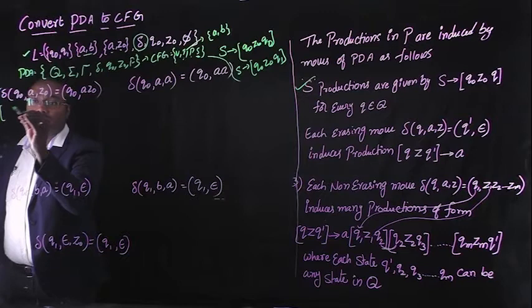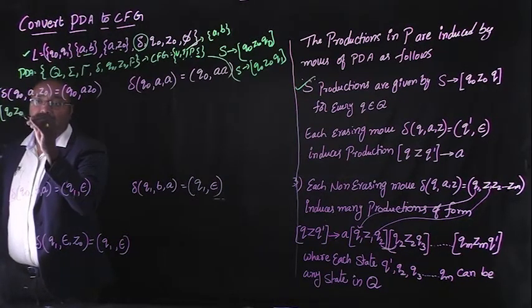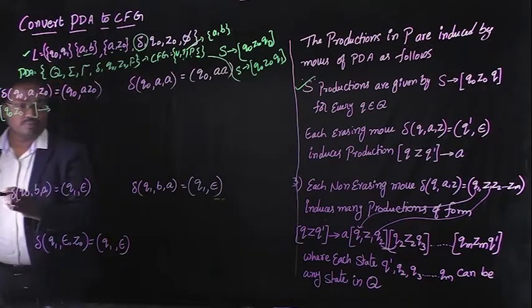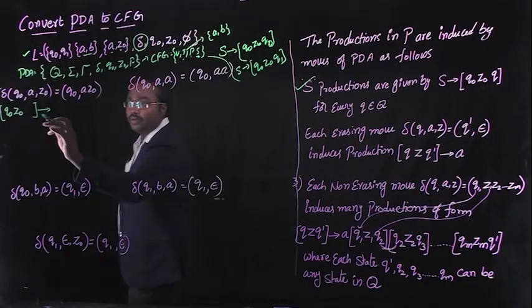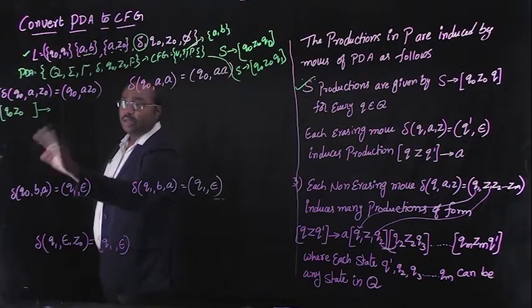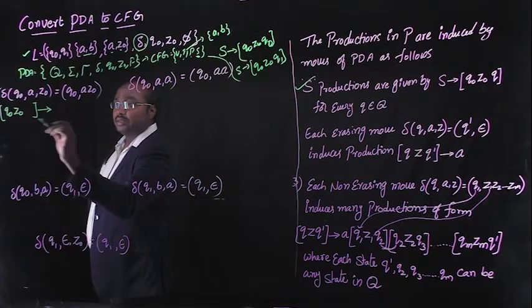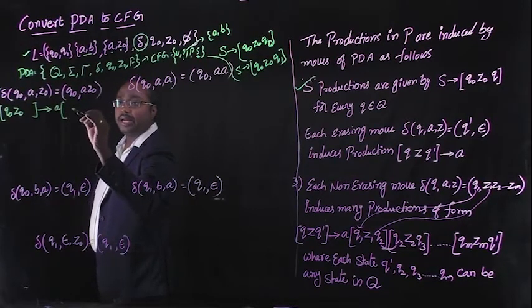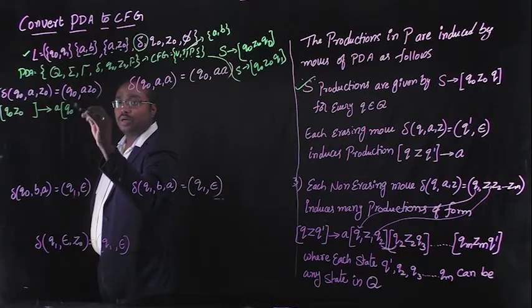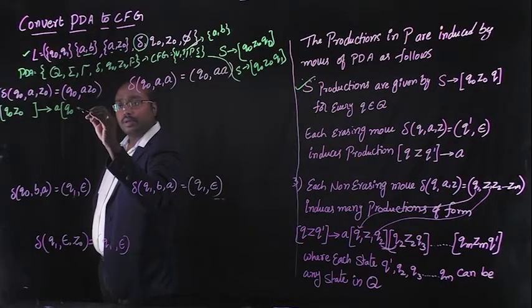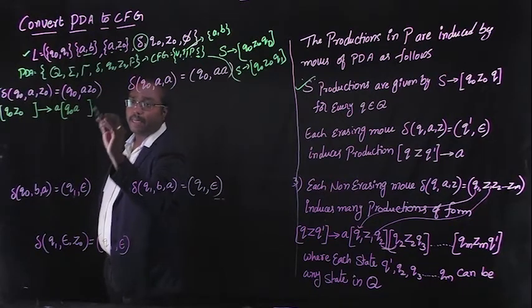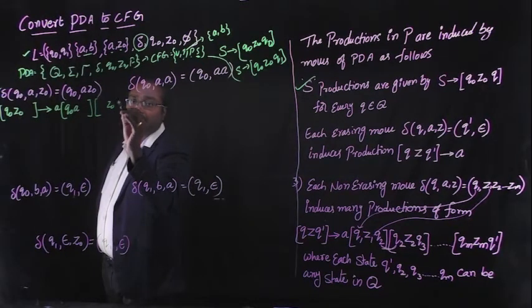Okay, then how to write the production rules? First q naught, stack symbol z naught tends to, so here the production will be written in the form of S tends to a something. The variable tends to input symbol a, state q naught, stack element a and one more element z naught.